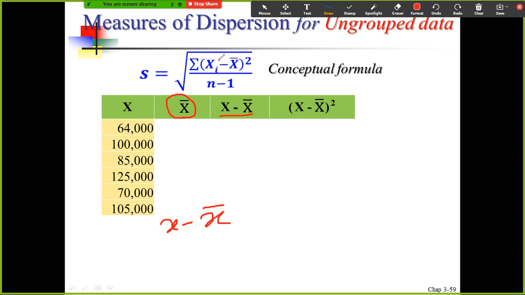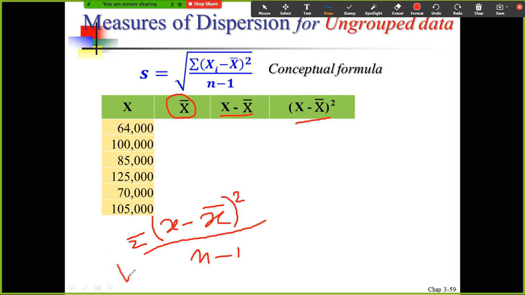Next, I need to square x minus x bar. Then I need to add them together. Then I divide it by n minus 1.